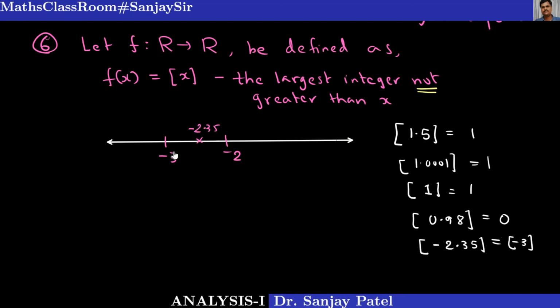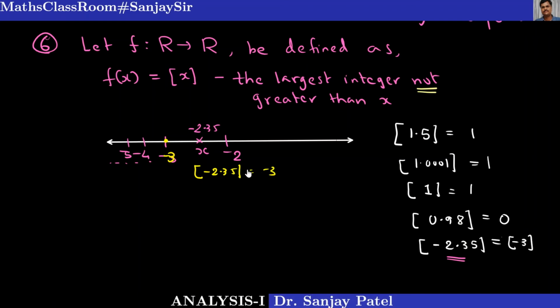So you have to think of the largest integer which is not greater than this number x. The number x is minus 2.35 in this case. There are many integers, say minus 3, minus 4, minus 5. All these integers are not greater than minus 2.35. But out of all these integers, the largest one which is not greater than this turns out to be minus 3. So minus 3 is the largest integer which is not greater than this x, and therefore the bracket value of minus 2.35 is minus 3.